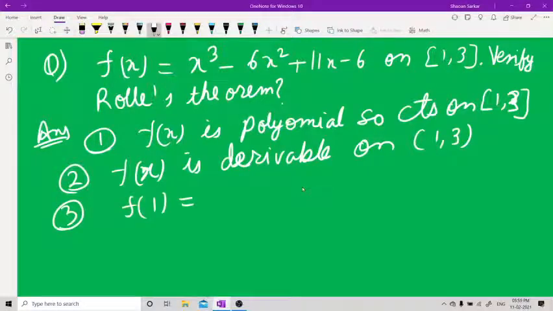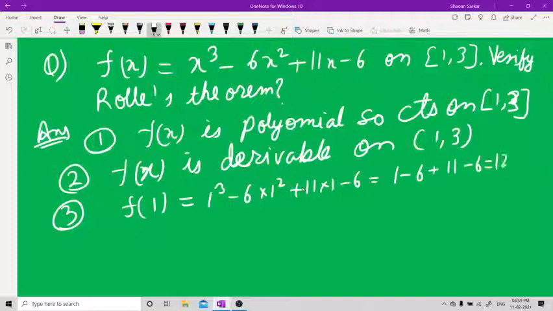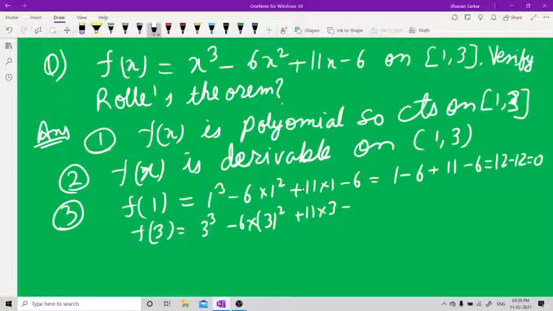F of 1 is 1 cube minus 6 into 1 square plus 11 into 1 minus 6. This is nothing but 1 minus 6 plus 11 minus 6, that is 12 minus 12, that is 0. Now f of 3 is 3 cube minus 6 into 3 square plus 11 into 3 minus 6.